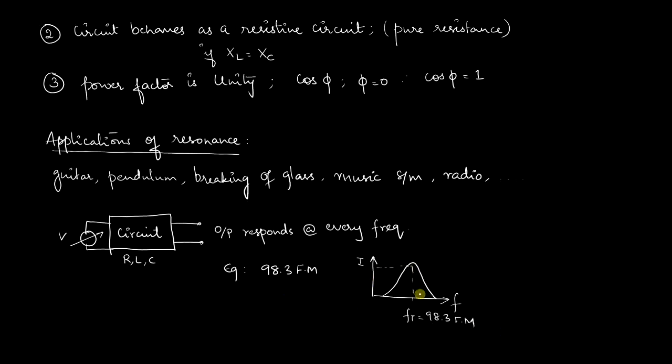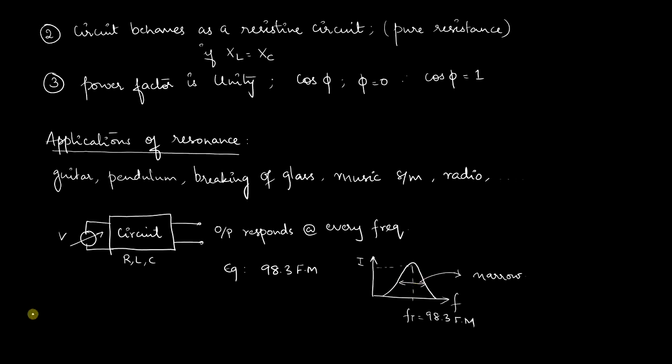So if you want to reduce the interference, this particular band should be narrower. If it is narrower and narrower, the interference will be minimum. If not, you can see that somewhere close to 92.5 FM also you will be getting some signal. So you should see to it that this band is very, very narrow.